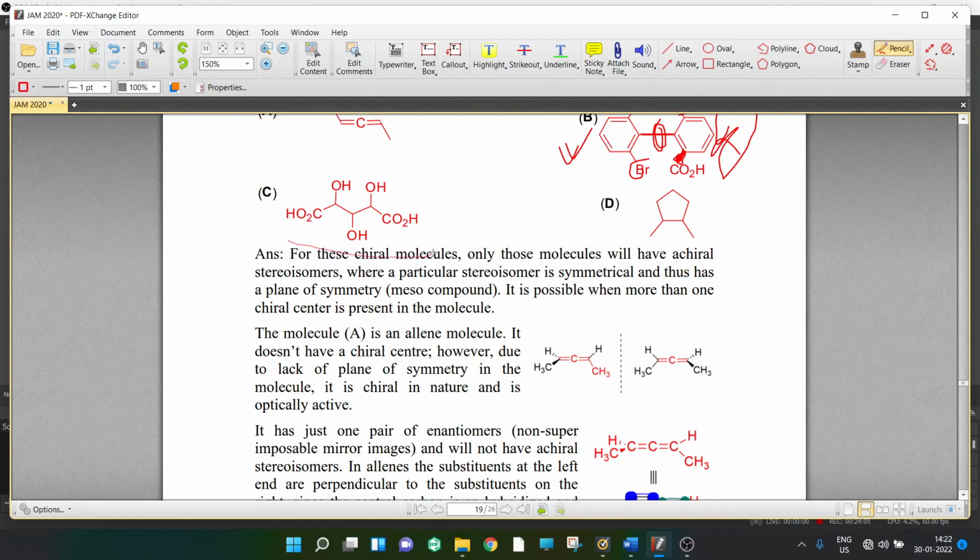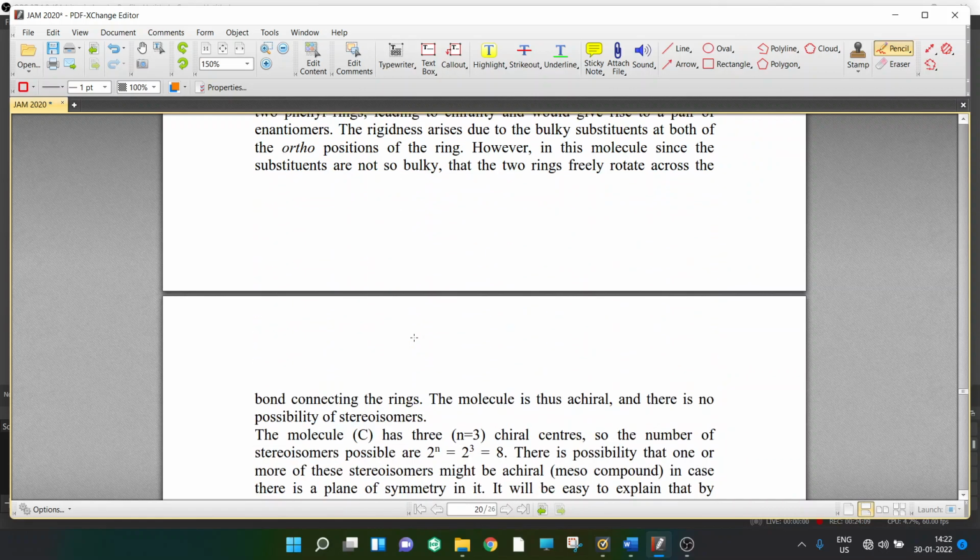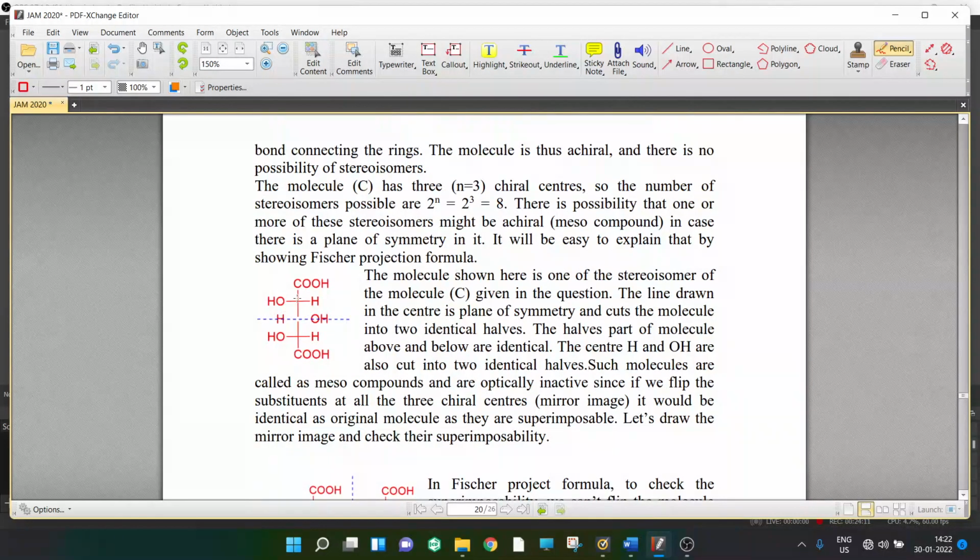Talking about this molecule C, a lot of stereoisomers are possible. Let me show you. It will be something like this: H could have been here, this H here, and this OH this side. This is one of the stereoisomers. So there are 8 stereoisomers possible.